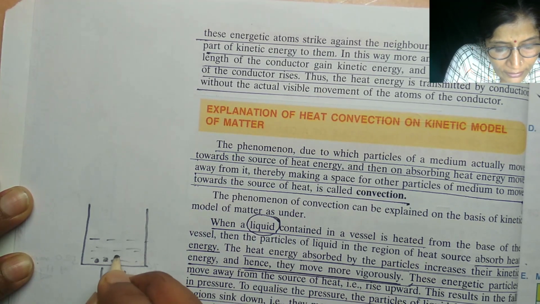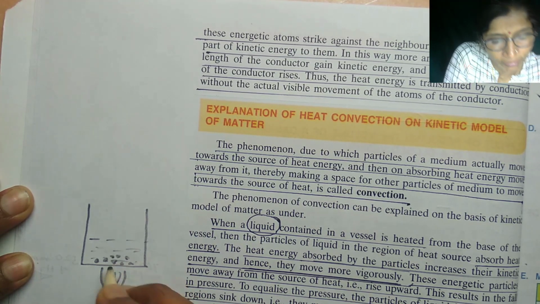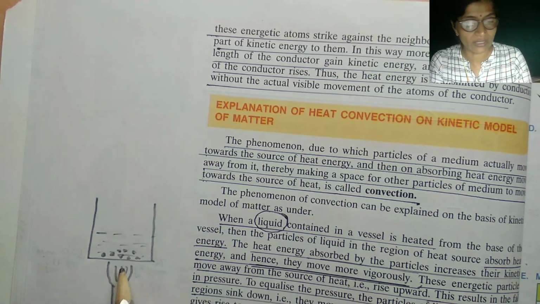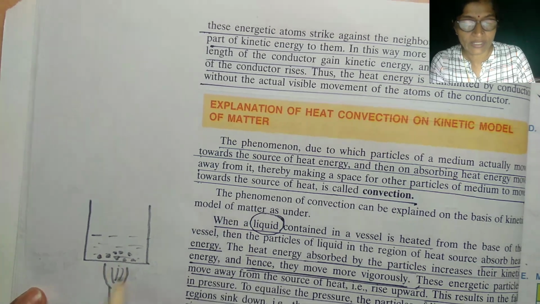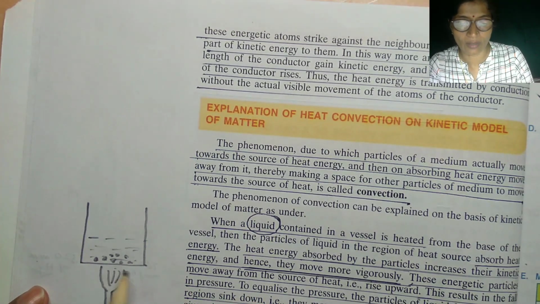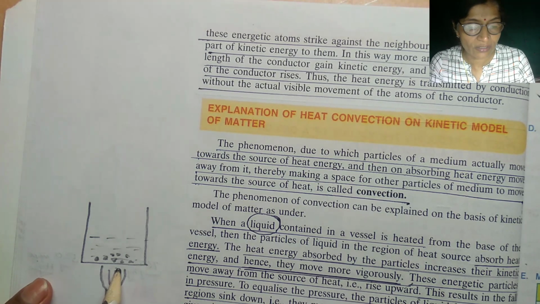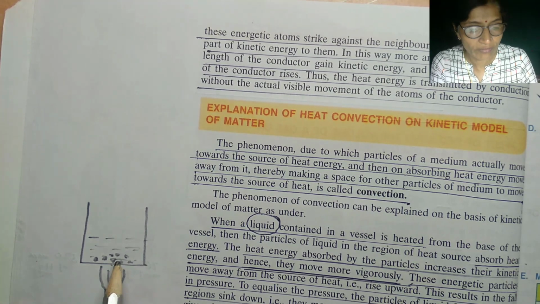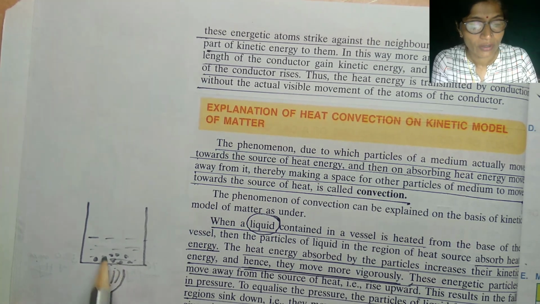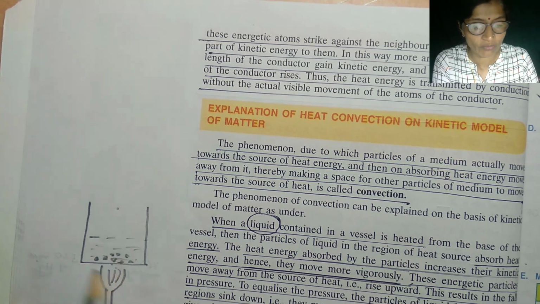The particles nearby the fire or the flame absorb heat. When they absorb heat, their kinetic energy increases, then they will move vigorously, and these energetic particles become lighter also, so they will move away from here to the upper region.